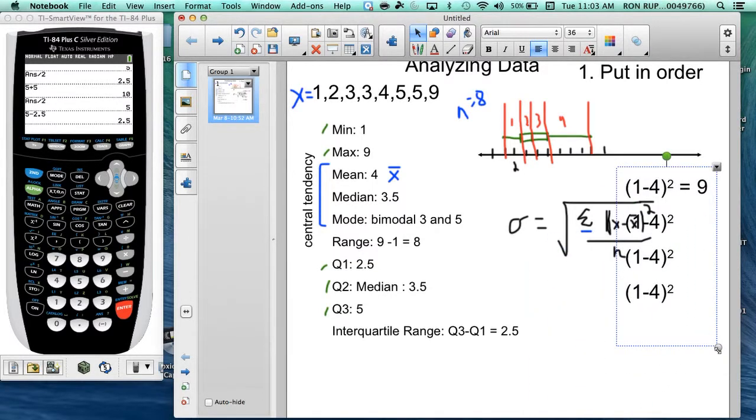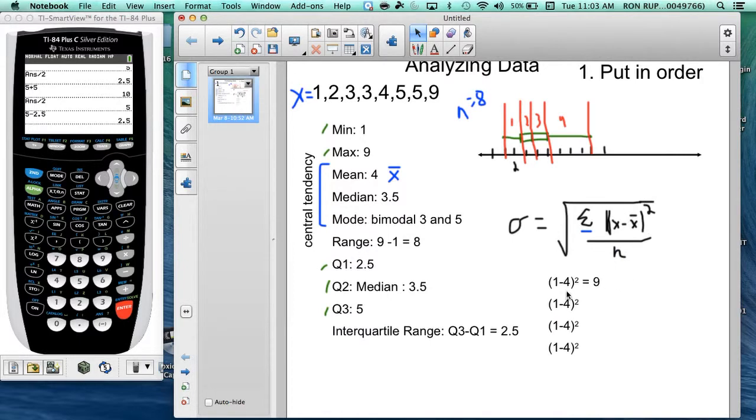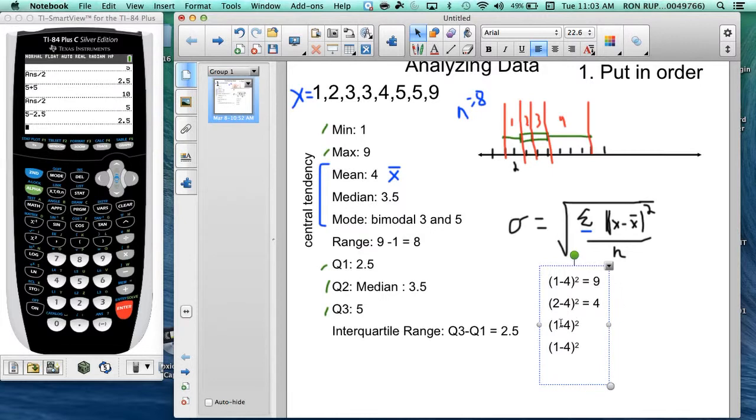Make it look a little smaller so we can fit it all on here. And so if I change that to 2, 2 minus 4 is negative 2. Negative 2 squared is 4. 3 minus 4 is negative 1, and negative 1 squared is 1. 4 minus 4 is 0, and 0 squared is 0.